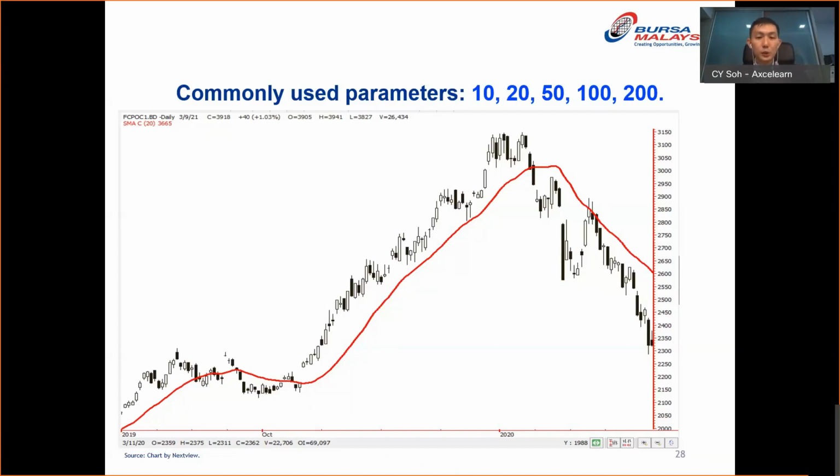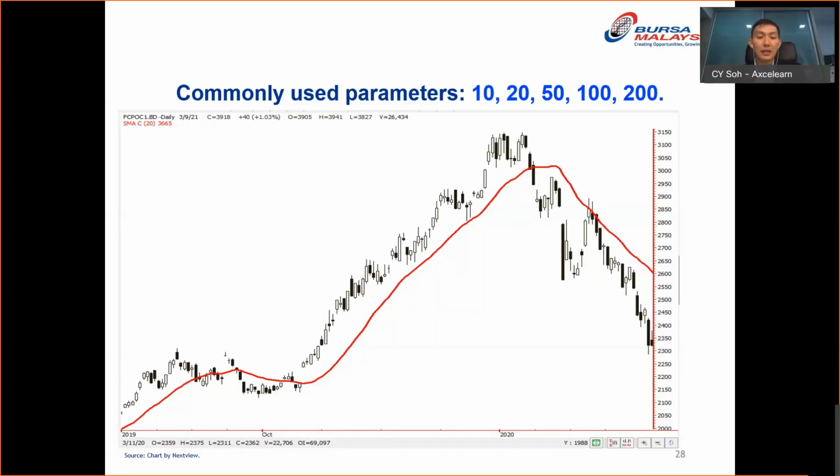But which one should you be using? It is difficult for me to explain in this particular session because of time, but it requires a lot of explanation and a lot of backtesting to see how well the specific parameters worked or did not work in the past over the long run.